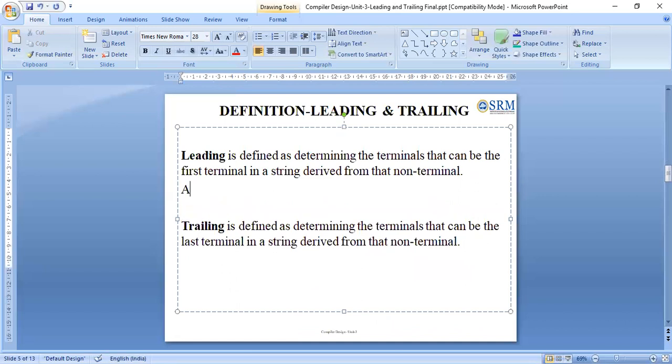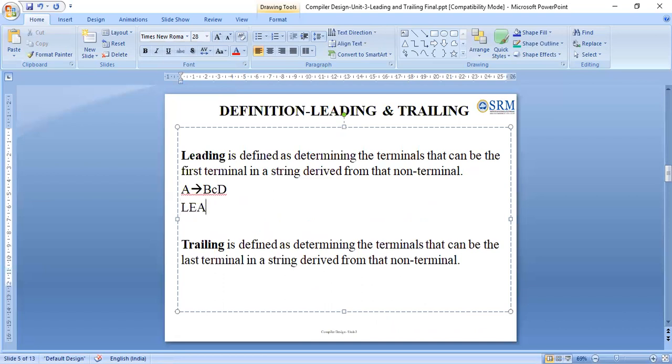A is a non-terminal. From A, we are deriving a string, maybe A tends to B, small c, capital D. What we are going to find here is the leading of A. How do we find the leading of A?